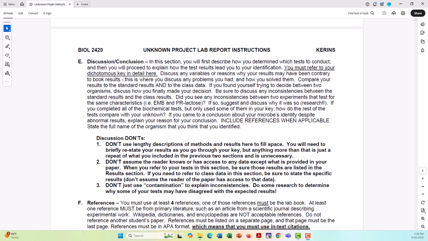This is going to mean that you are going to have to do some research. You need to do a valid search, meaning you need to spend some time looking, because it's possible that there are documented reasons for why E. coli turned out to be positive for a test when it should have been negative, for example.